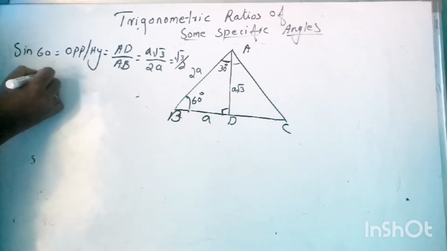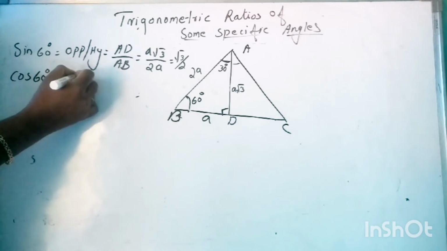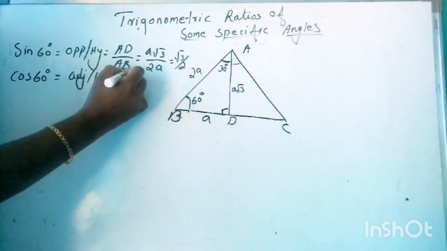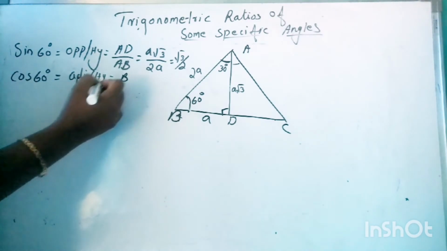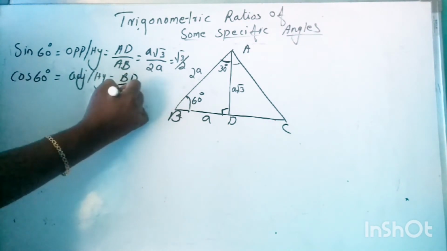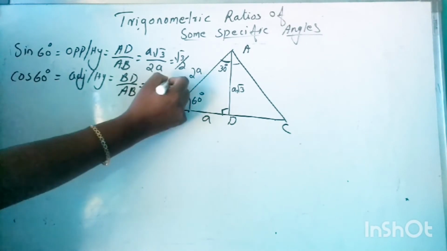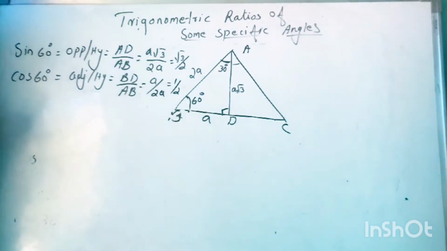Now cos 60 degree is equal to adjacent side by hypotenuse. The side which is adjacent to angle B is BD divided by AB. BD is A and AB is 2A, that is equal to 1 by 2.